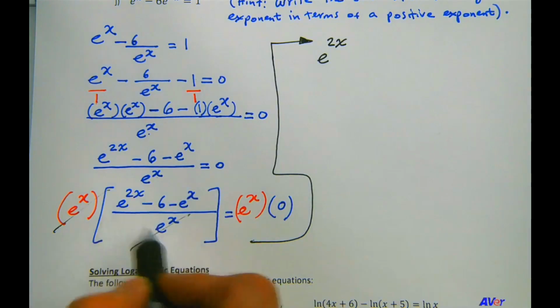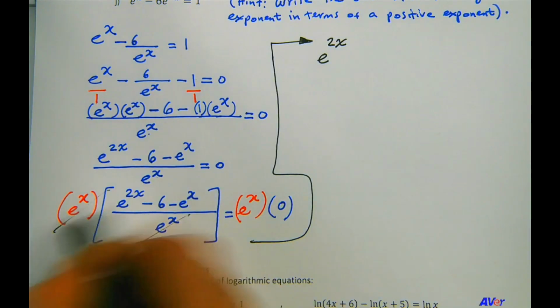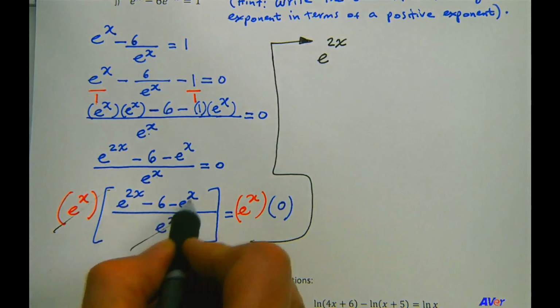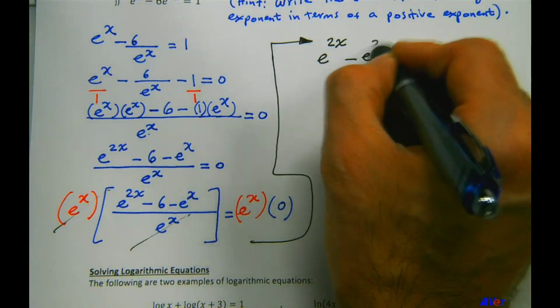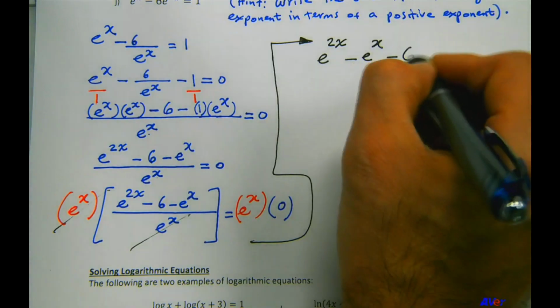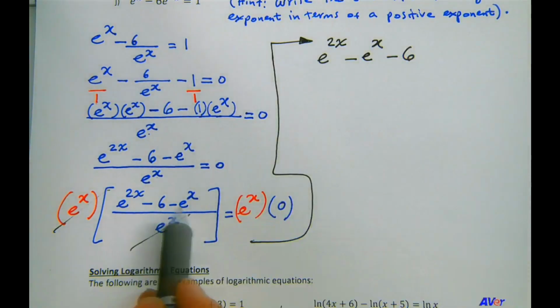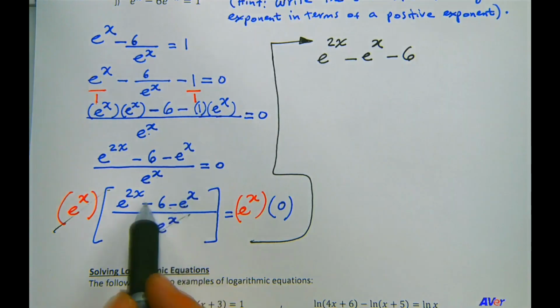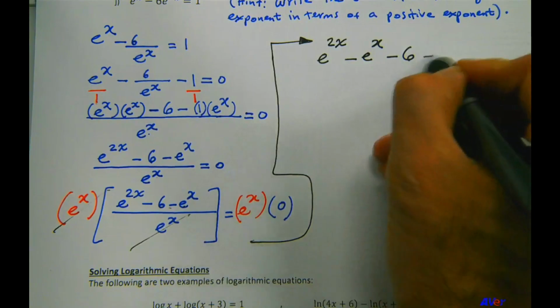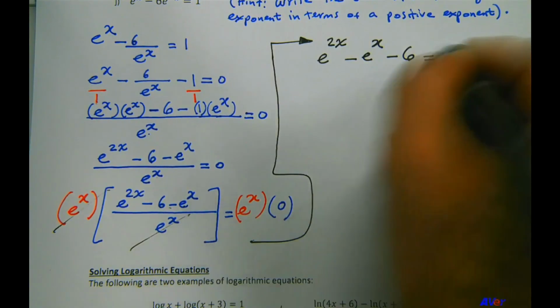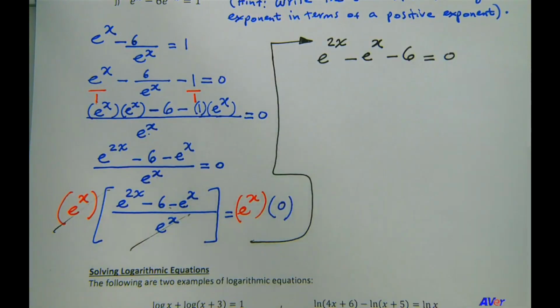So as I'm canceling the denominator, let me rewrite the numerator such that minus e to the x is in the middle and minus 6 after that. So e to the 2x minus e to the x minus 6. I just switched this term with that term. That's all. And that is equal to 0 times that, which is 0.